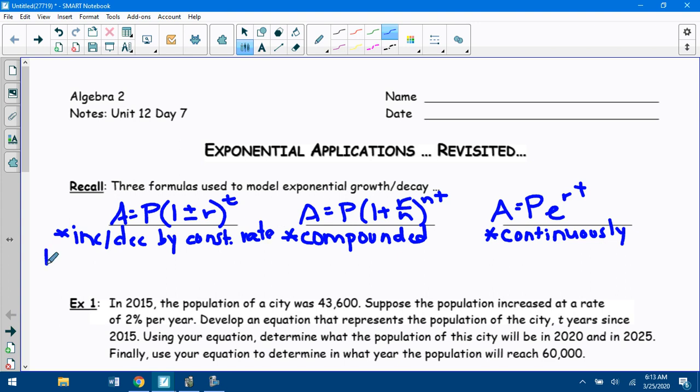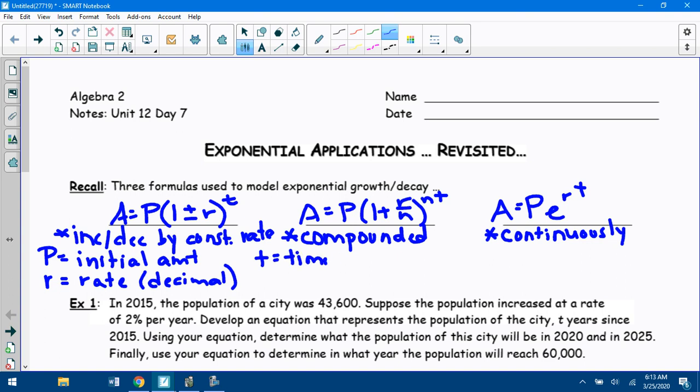What was P in all of these equations? P was the initial amount. What was R? R was the rate. That's a decimal. So usually they'll give it to you in some sort of percent, but remember you gotta change it into a decimal. What was T? T was usually some unit of time.